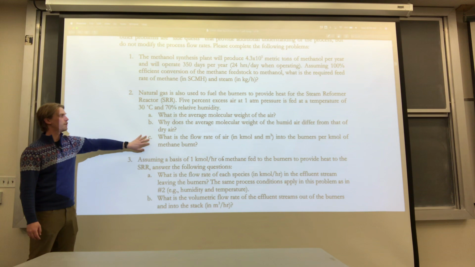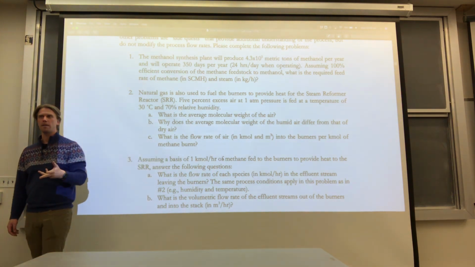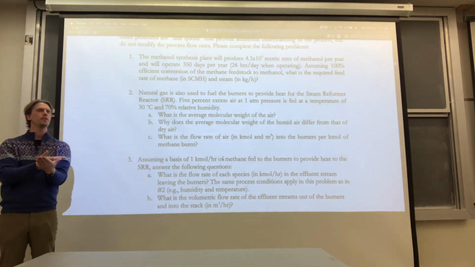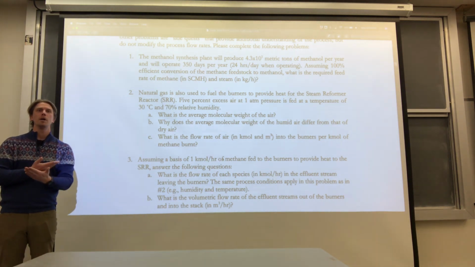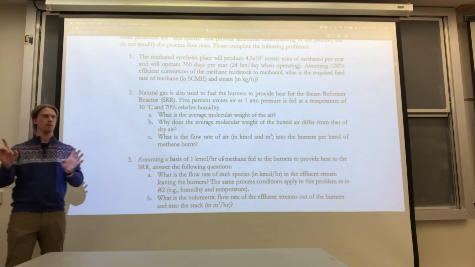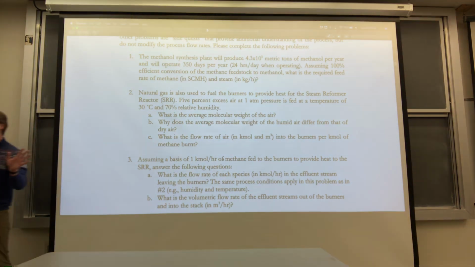And then what is the flow rate that we need of air per kilomole of methane burned following these process specifications, right? So this is just a relatively straightforward combustion balance process, but you have to add in the humidity and see how that affects your flow rates a little bit, okay? Seem okay? Not too bad so far, right? Sort of like a super homework. Some of the problems are easier, some of them are a lot harder.